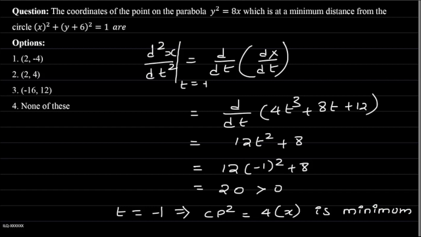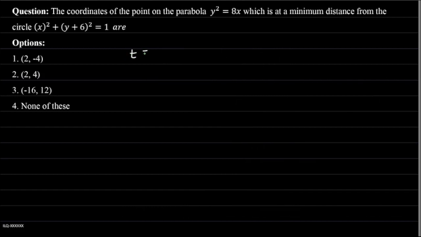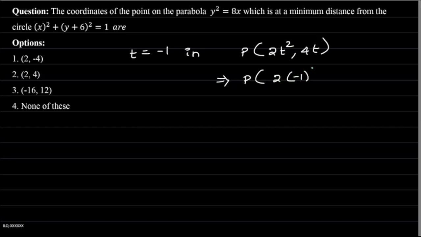So substituting t equal to minus 1 in the point we previously discussed, (2t square, 4t), gives us P of (2 times (minus 1) whole square, 4 times minus 1), which returns 2 comma minus 4. So the correct option is 1.